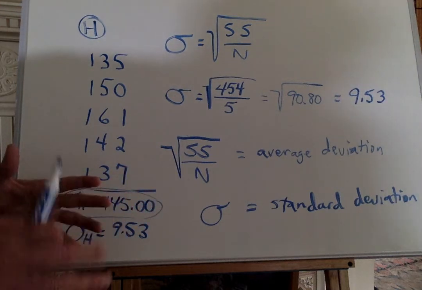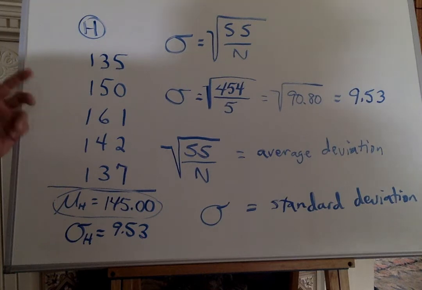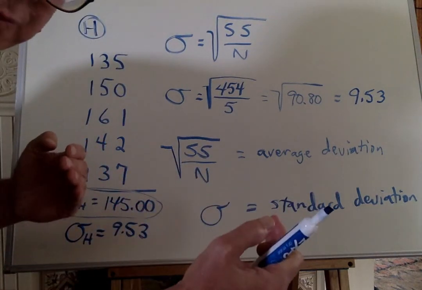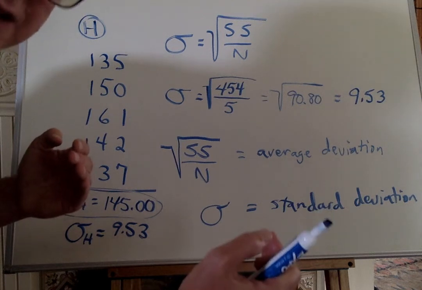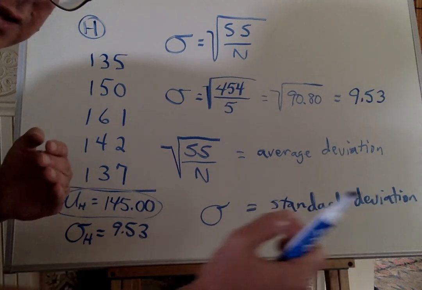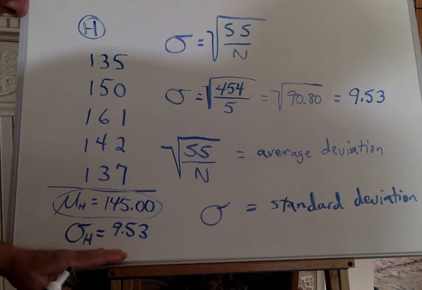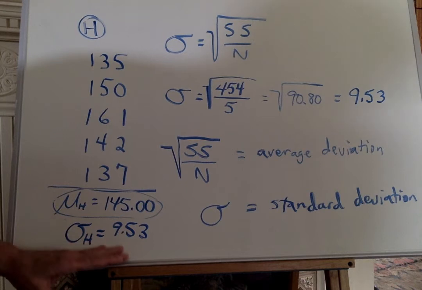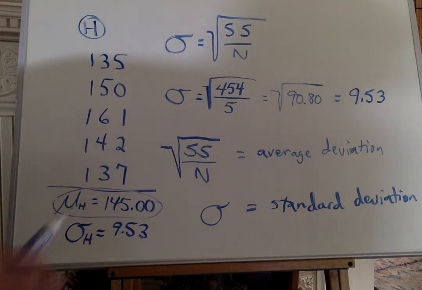But that number gets really large, really fast. We're taking sums, and so I can't compare two groups that have different sample sizes, right? It would be very difficult to compare those. This takes into account the different sample sizes. It tells you the average amount that the scores deviate from the mean. Okay? That's what standard deviation is.